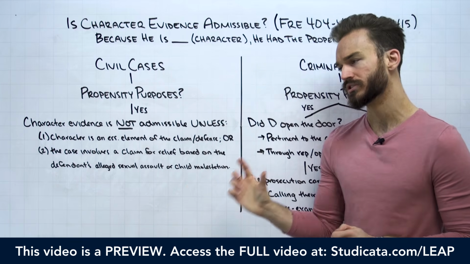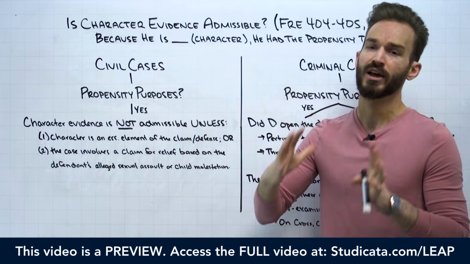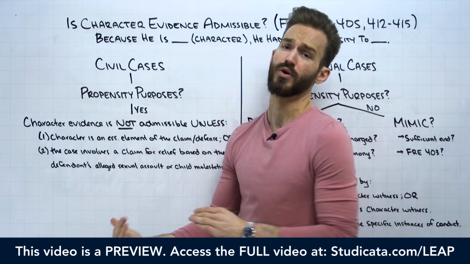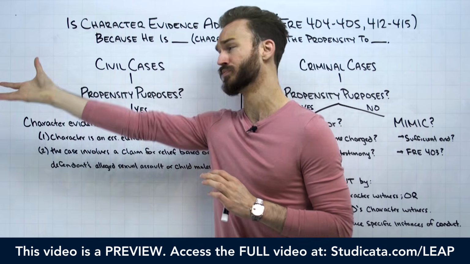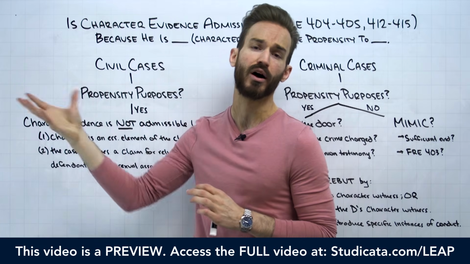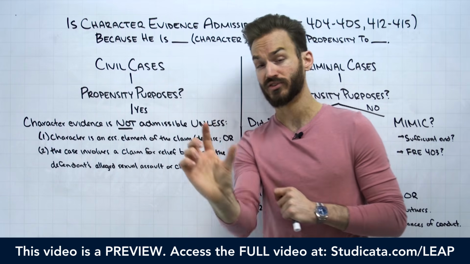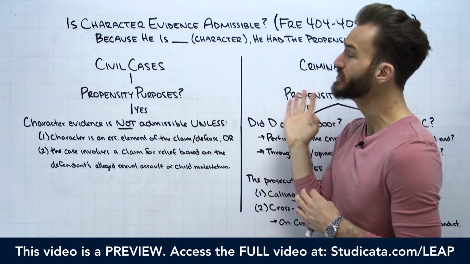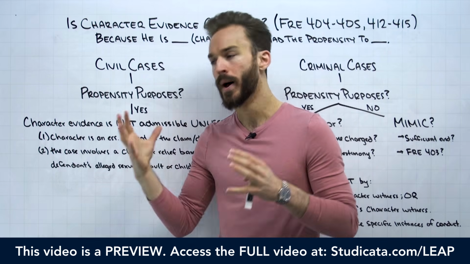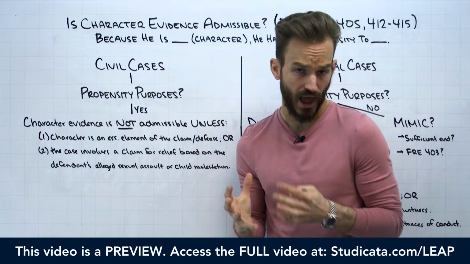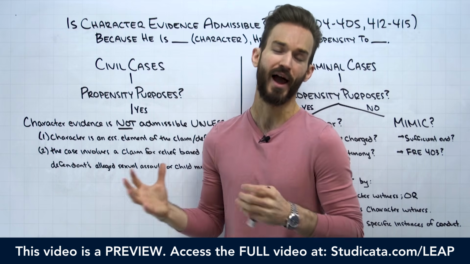So it is important to recognize the distinction between generalized character traits, in my opinion, I believe this person is dishonest, or I think this person is dishonest because I saw them lie on their resume, right? We need to draw a distinction between that and 406, habit and routine practice evidence, right? And the buzzword to look for on an evidence fact pattern, here's the trick, right?